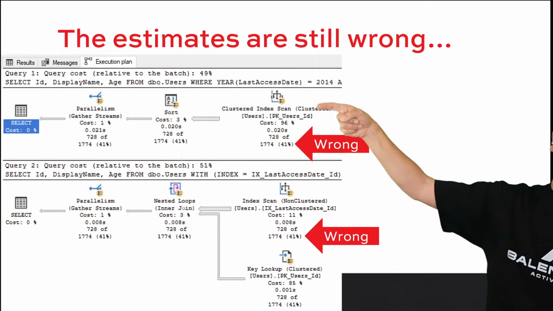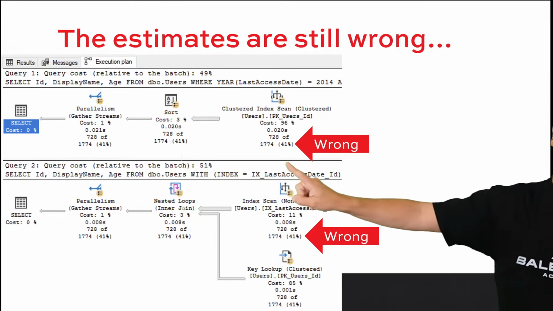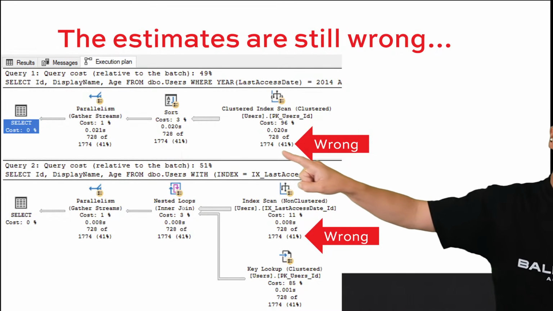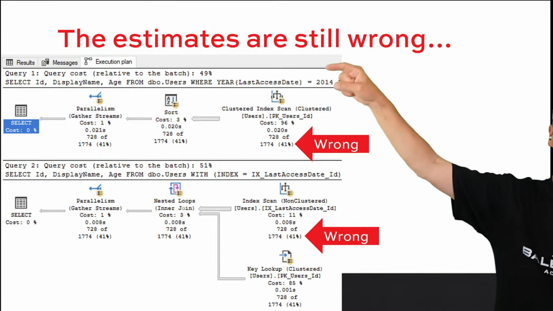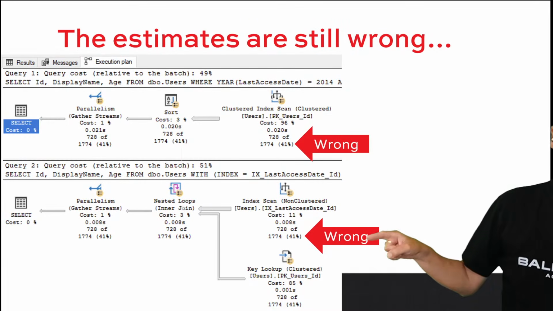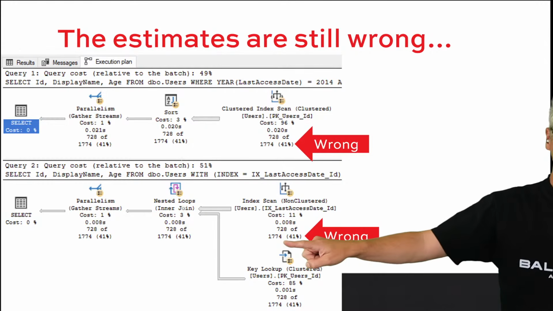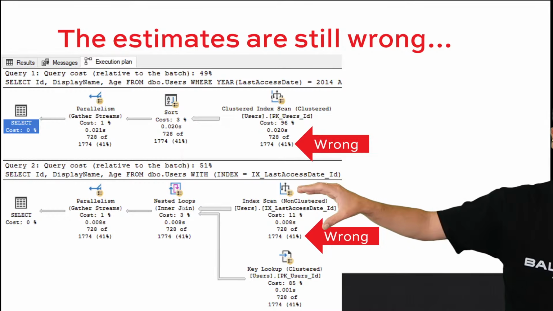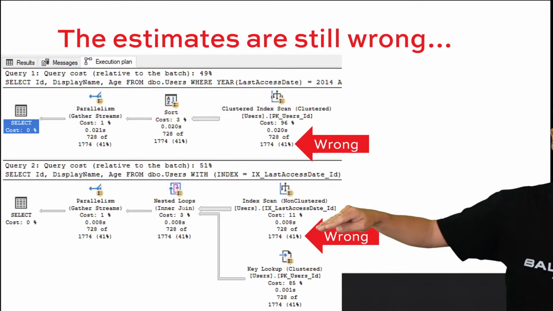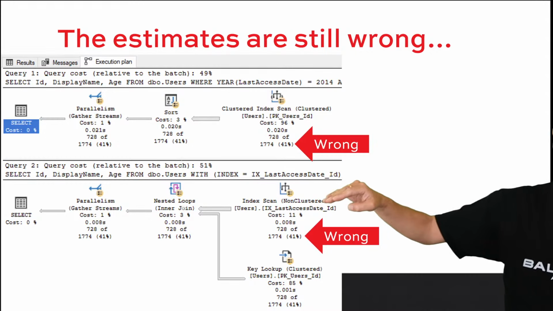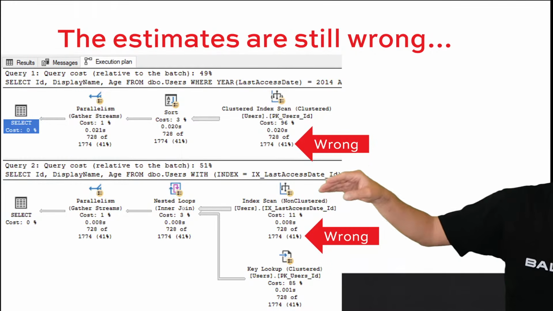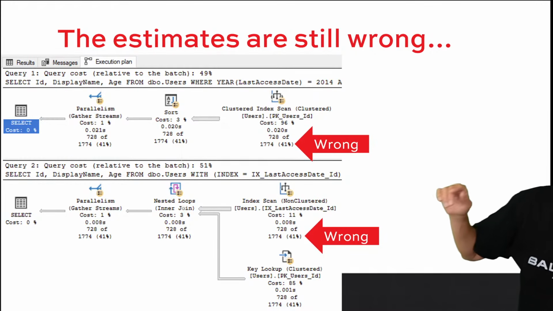In the first one, when I let SQL Server choose, because it had the bad estimate, SQL Server overestimated how many rows would come back, and it scanned the table. Here, the estimate is still wrong, but SQL Server can do this. SQL Server can scan that index, running the function on a row-by-row basis, and only do the key lookups for the rows that match.